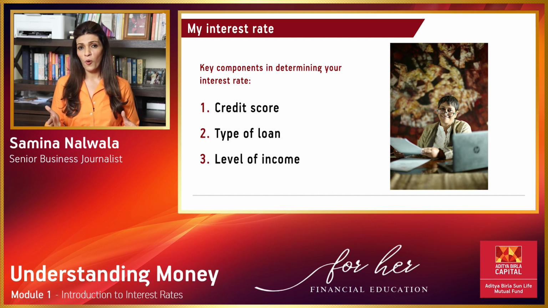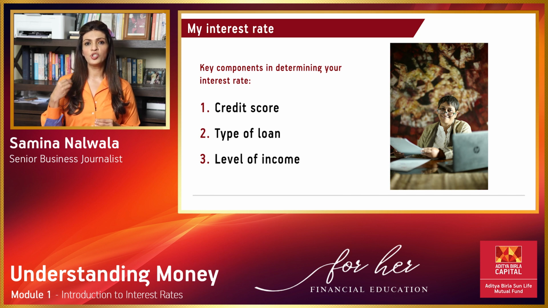The type of loan also matters in deciding your rate. Depending on the loan, the bank may look to see whether your loan is backed by any form of collateral, which is known as secured debt. And if it's not backed by collateral, then this is known as unsecured. Unsecured is usually riskier and generally carries a higher interest rate.